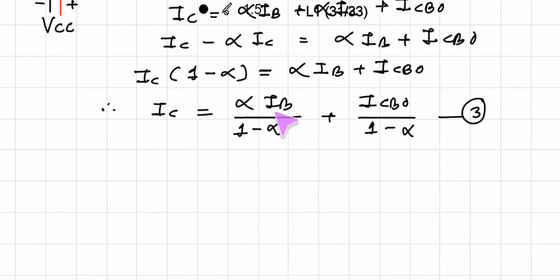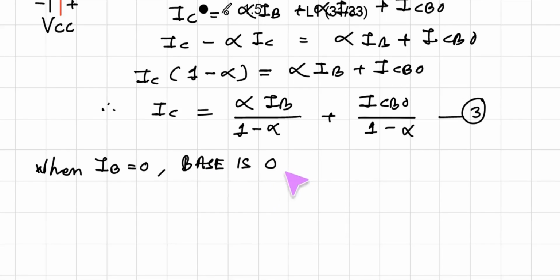So here when IB is equal to 0, only this term is present in the circuit. So that you should remember. So when IB is equal to 0, this is happening when base is open, that you should remember.